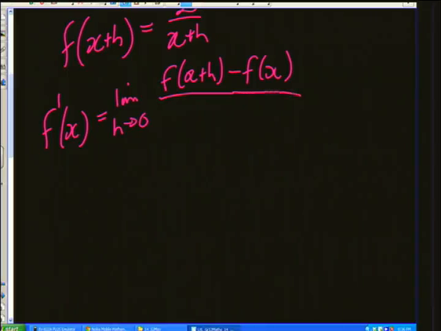And now that's the change in y. We're wanting the change in x. The change in x value is just going to be h. Okay? That's what we're looking at.